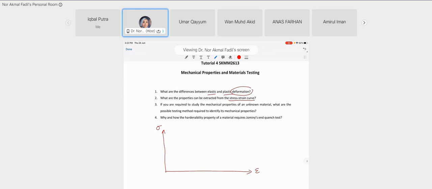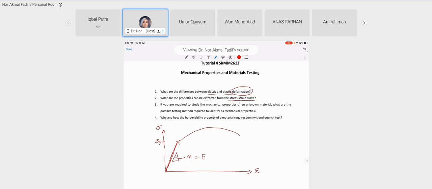We will have a typical complete plastic and elastic deformation, where we can identify a linear stress increase with the strain. We can measure the slope, which is equivalent to E, Young modulus.